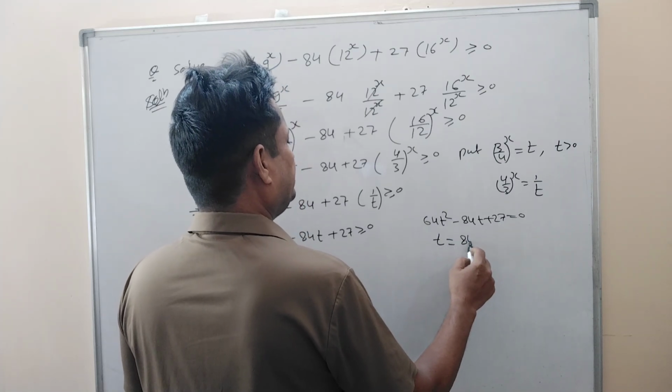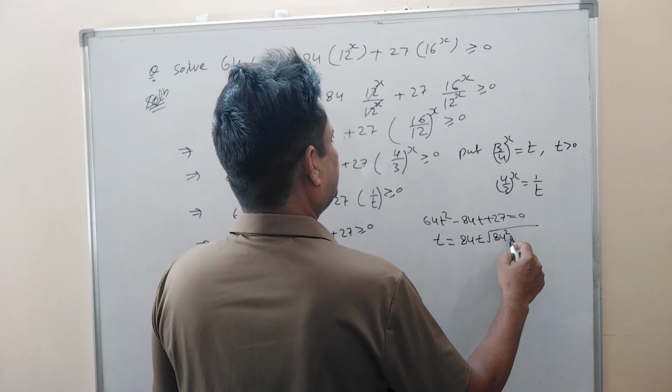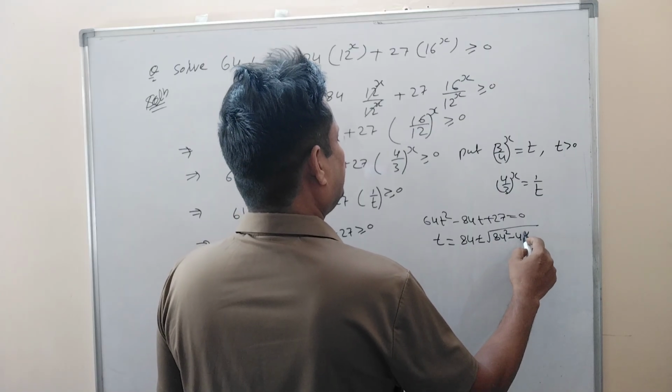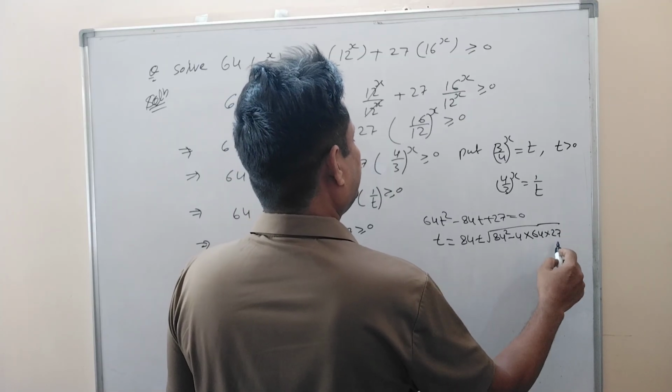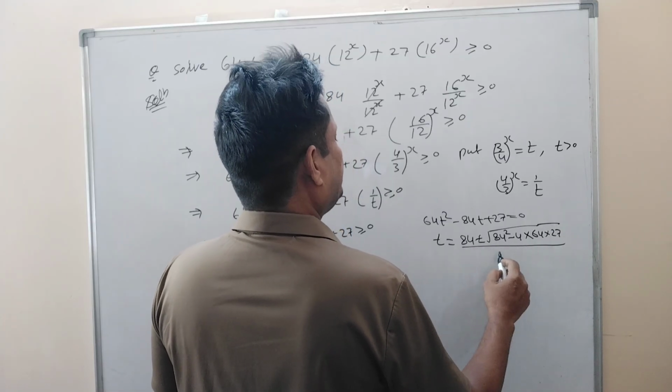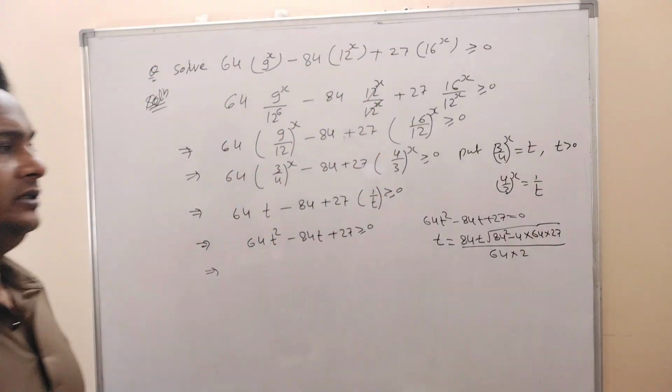So t will be 84 plus minus root of 84 square minus 4 into 64 into 27, divided by 64 into 2.